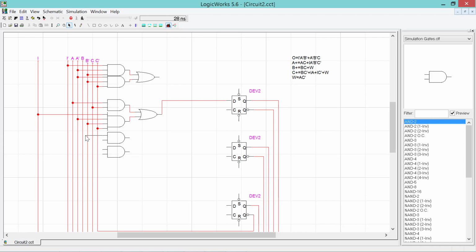So we have B. That's connected correctly. And C. And then we need AC prime. A, C prime. We can connect these to an OR 2.